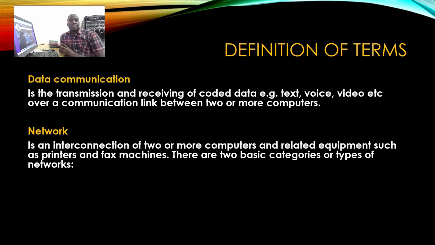So when we look at a network, we're looking at an interconnection between two or more computers, or when we talk of related equipment, that is a network. When you link two or more devices together, you are creating what is called a network. So we are going to talk about the categories of networks as we go along.